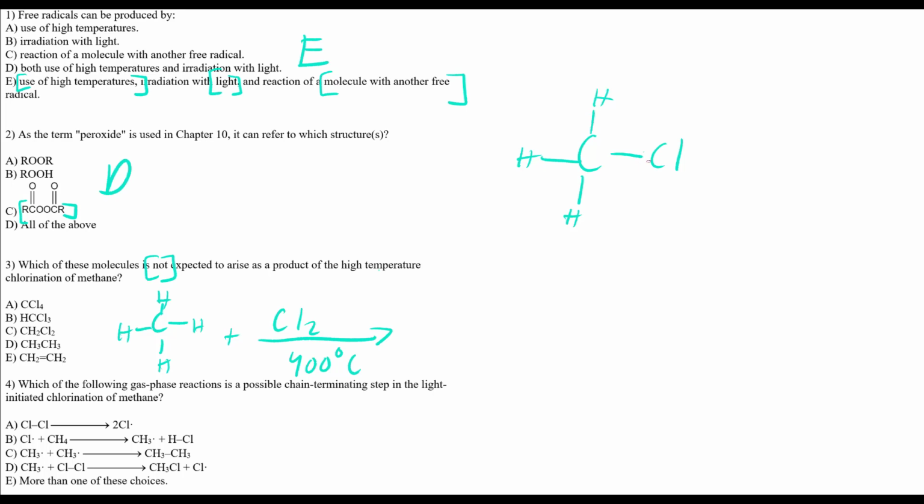And we can do it again. We can do C, chlorine, chlorine, H, H. And so you can already see what I'm going to do. We can do this again, and we can have 3 chlorines.